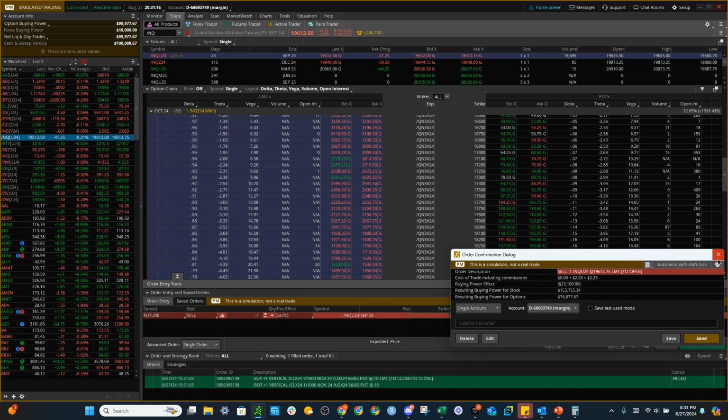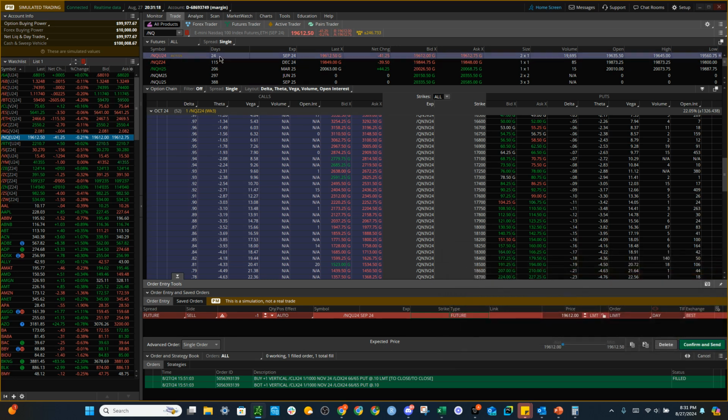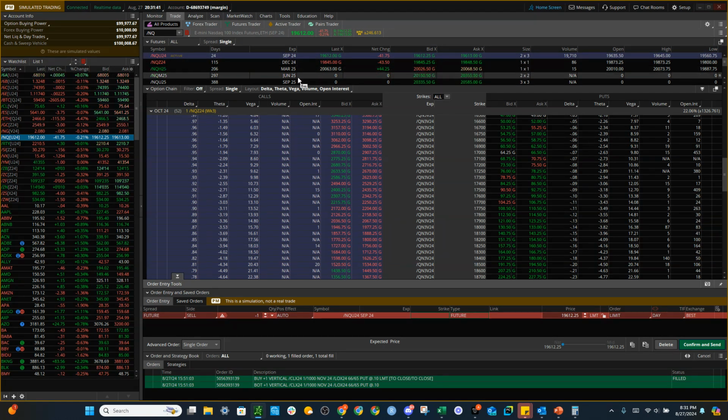Currently, the front month is expiring in 24 days. That is September 2024. There are four expiration cycles that are listed in all major indices: S&P 500, Nasdaq, Russell, and Dow Jones, which are the quarterly expiration cycles: March, June, September, and December.